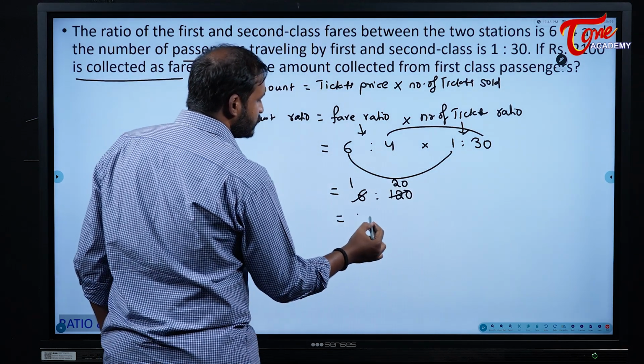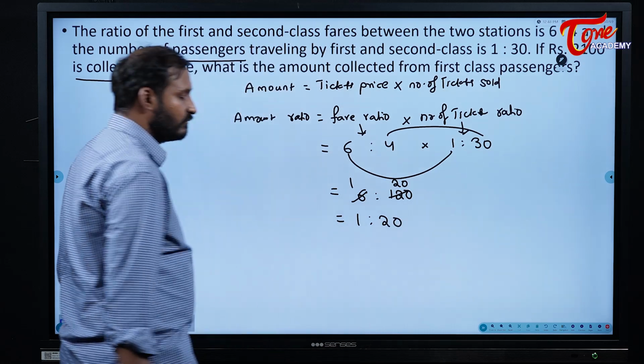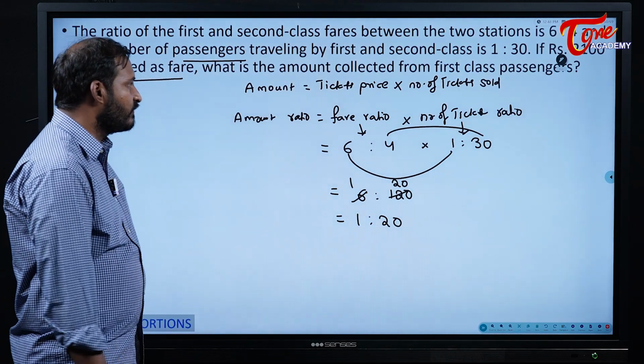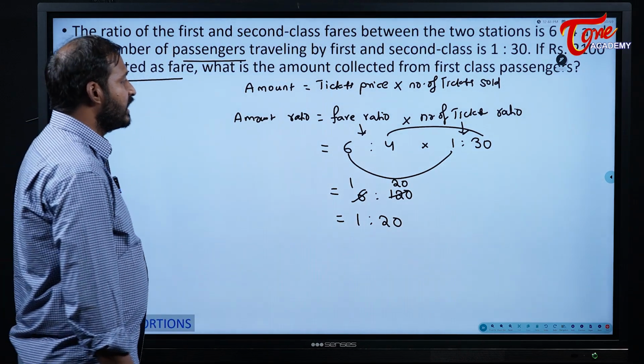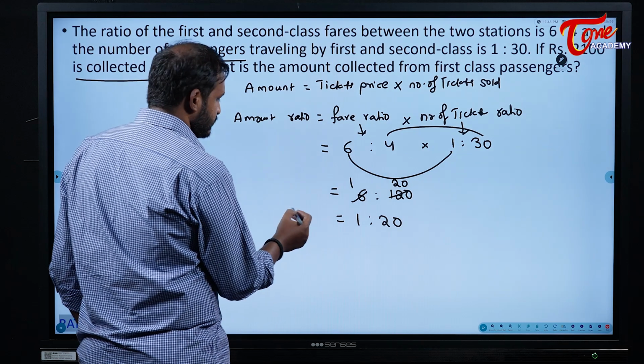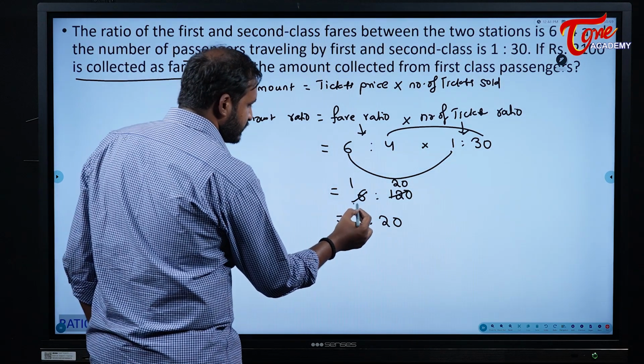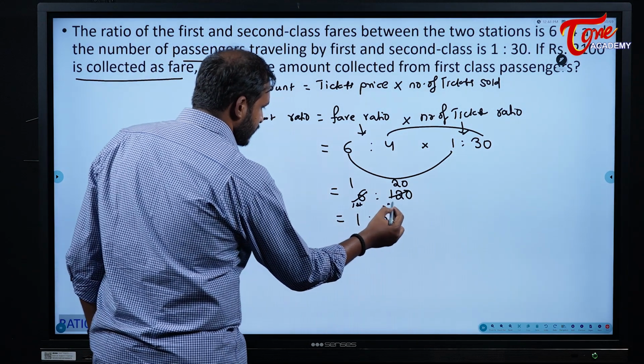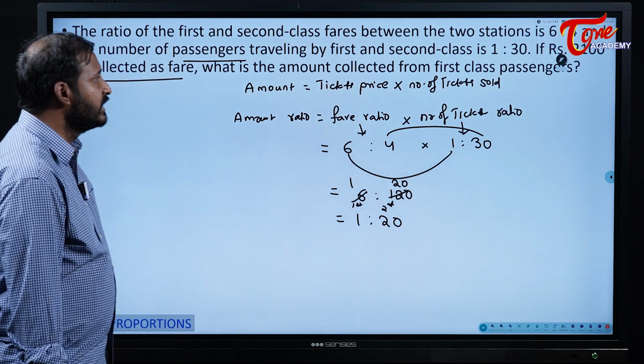So the amounts ratio is 1:20. So the amount from my first class is to the amount from my second class.